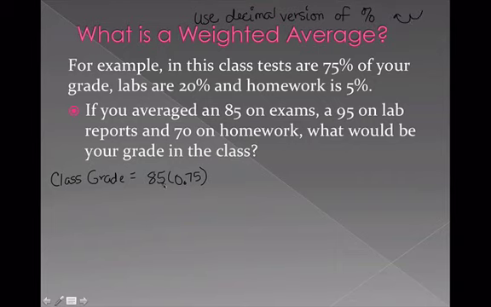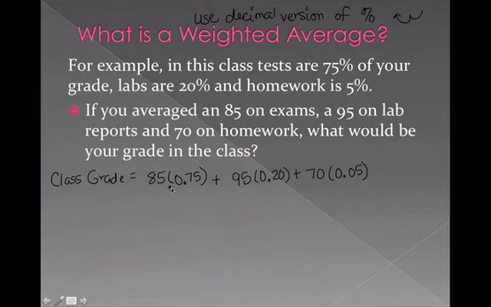All right, so I average 85 on the 75% portion of my grade. I average a 95 on labs, and that is 20% of my grade. And I also averaged 70 on my homework, which is 5% of my grade.